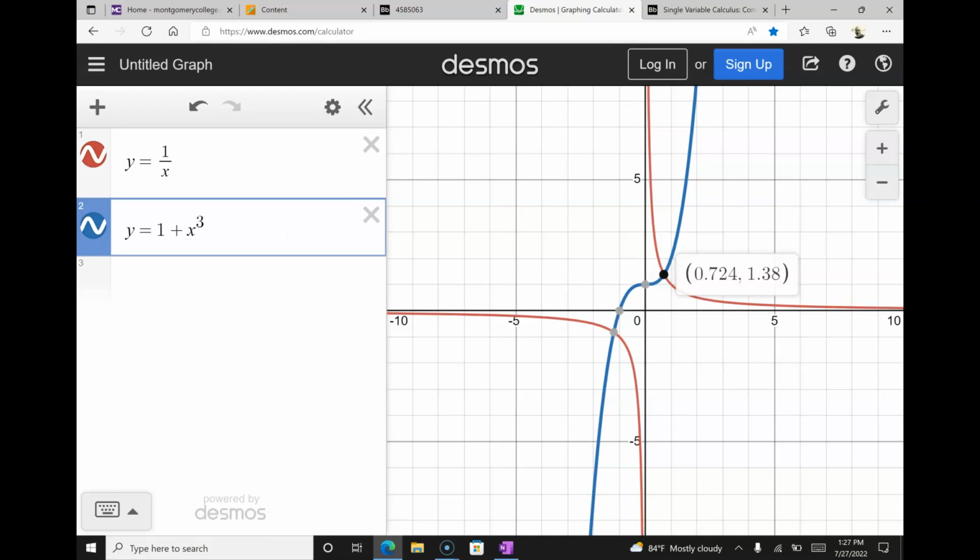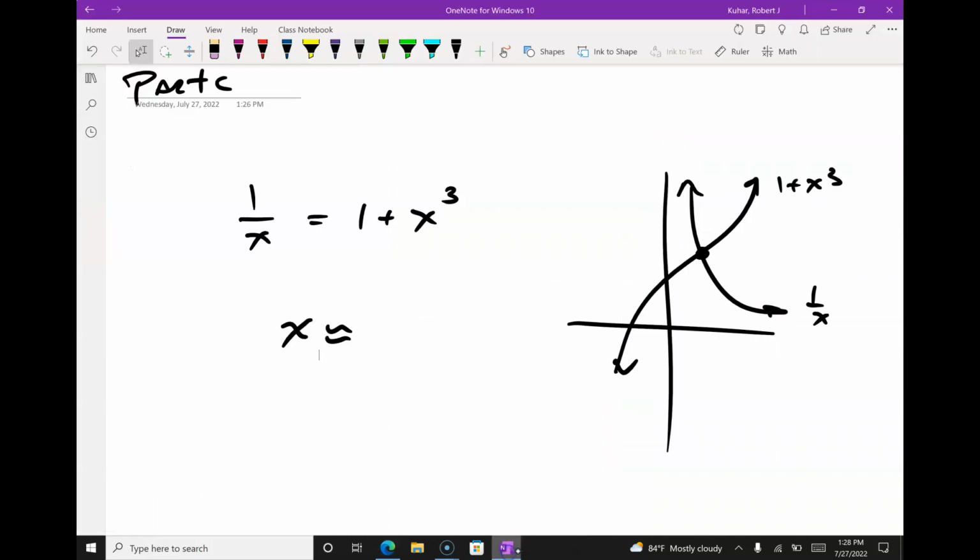And there's my positive root, about 0.724. So let's take a guess at 0.7. Right? You get what I'm saying? I probably couldn't, but I certainly could look, right? I could certainly look and say it's really close to 1. I could probably guess 1. Yeah, exactly, just looking at it.